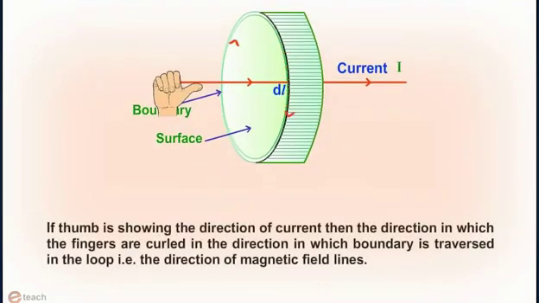If the thumb shows the direction of current, then the direction in which the fingers are curled is the direction in which the boundary is traversed in the loop, that is, the direction of magnetic field lines.